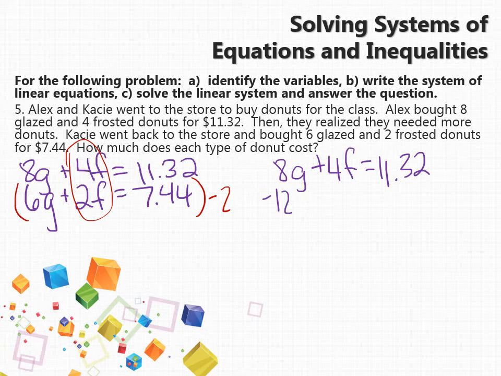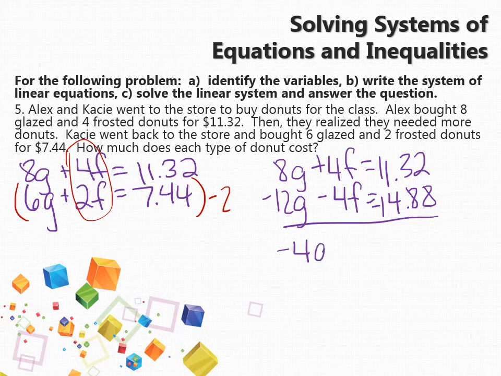I've got a negative 12G glazed minus 4F for frosted equals, what do we got, 1488. Oops, negative. All right, 8G minus 12G is negative 4G. Cross off the F's. Equals, this is going to be a negative value as well.